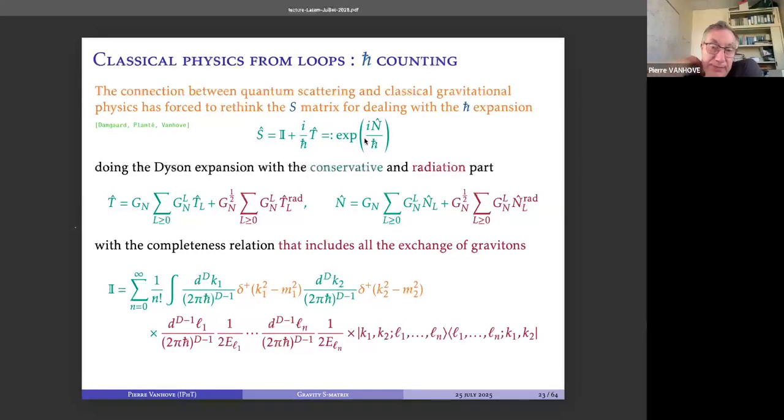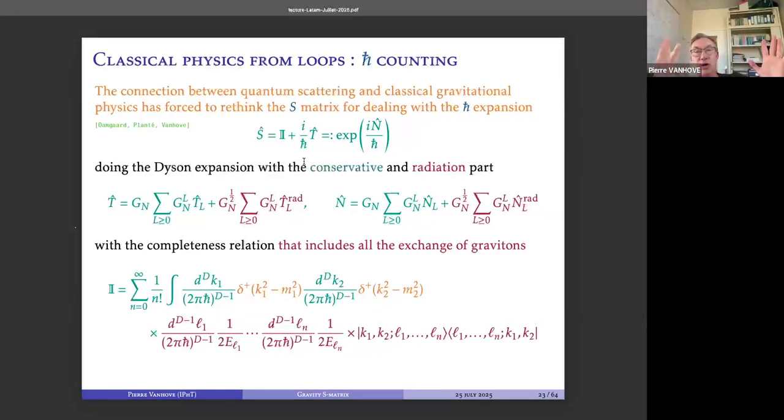So why do I do that? I do that because there is this notion of what you call the eikonal approximation. It is used in optics, but also in quantum field theory, when you realize that you can resum. For example, in QED, your electrons interact by exchanging photons, and the lines of photons can cross.